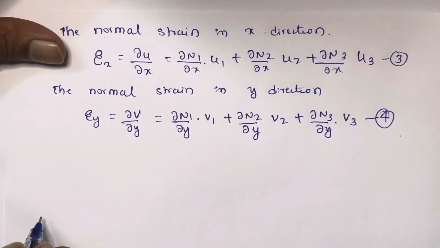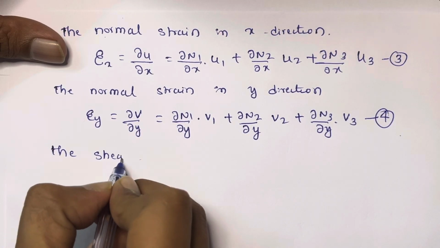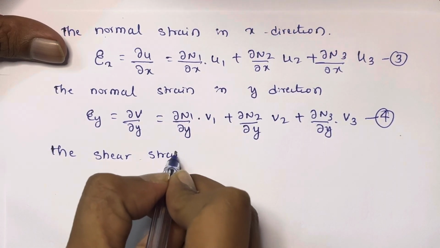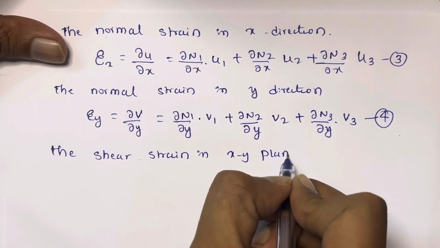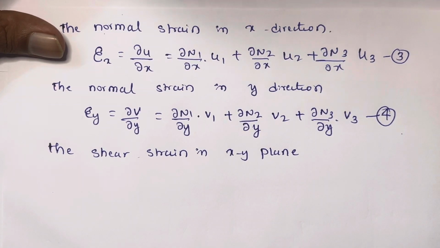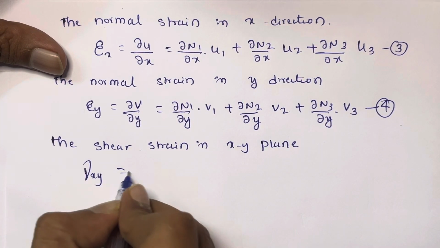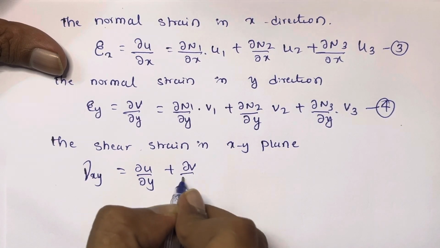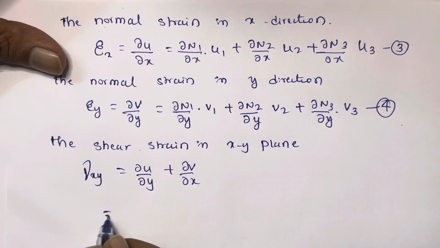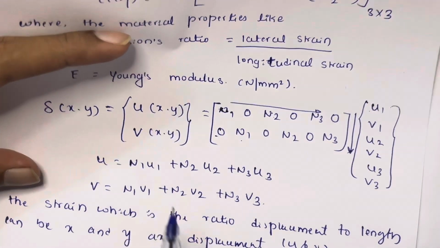Now we have to calculate the shear strain in the xy plane. Here we are considering both planes for shear. That can be expressed as gamma xy equals dou u by dou y plus dou v by dou x. Again we have to differentiate these two with respect to x and y.